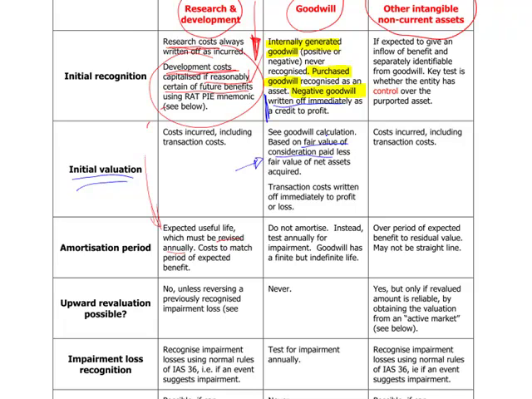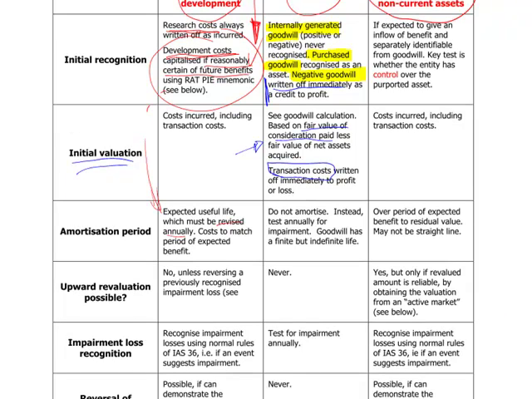So the difference between the two gives you goodwill. And remember, transaction costs that could arise on that acquisition are written off immediately against the profit or loss, indeed, you could have a loss.